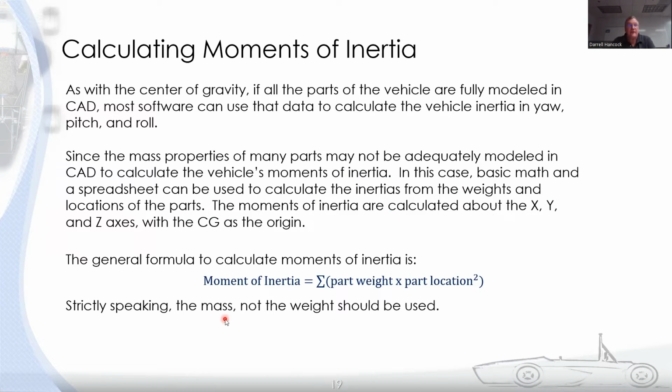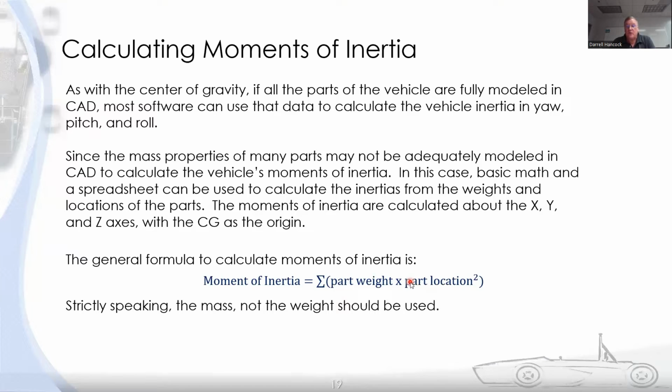Okay, so you can calculate it kind of similar to the center of gravity. Again, if you've got everything modeled in detail in your CAD software, it can do that calculation for you. Otherwise, you can use essentially the same spreadsheet to calculate it. So the general formula is much like the center of gravity formula, only you use the square of the location of the part relative to the center of gravity.